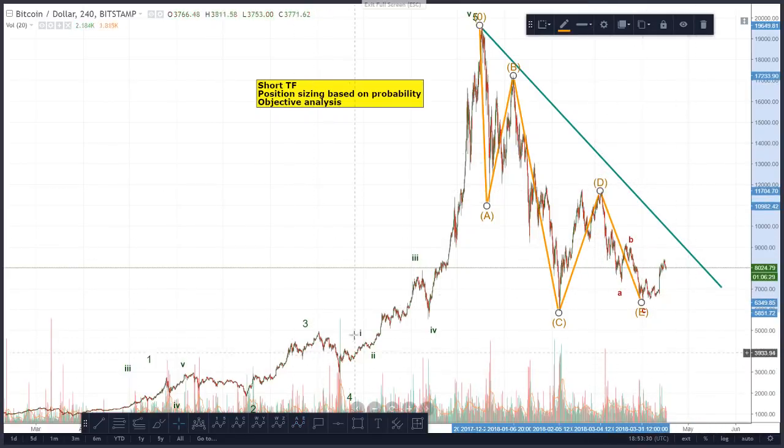And I discussed how we saw that pattern occurring here in A, B, C, D, E, and again here A, B, C, D, E, which explains why the move up starts with this three-legged move and then three legs down. I'm not going to go into it in too much depth now.